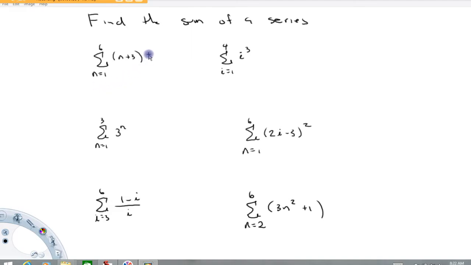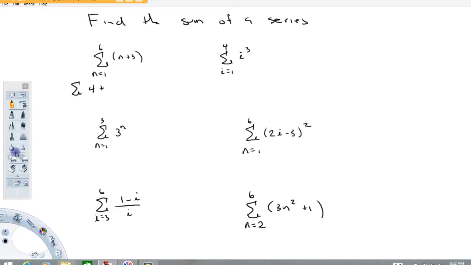So I'm going to take a look at this one first here. So the sum from n equals 1 to 6 of the quantity n plus 3. So if we write this out, I'm going to write this as the sum of the following terms. So I'm going to put a 1 here. We're going to have 4 plus... I don't actually need the sum symbol because that's what the plus sign here means.